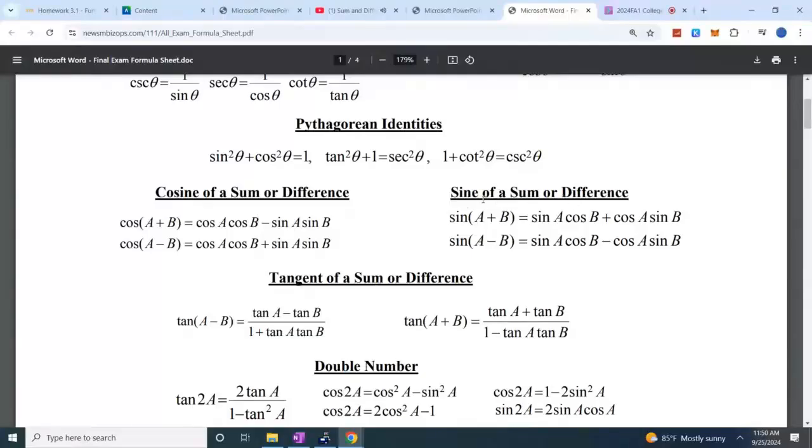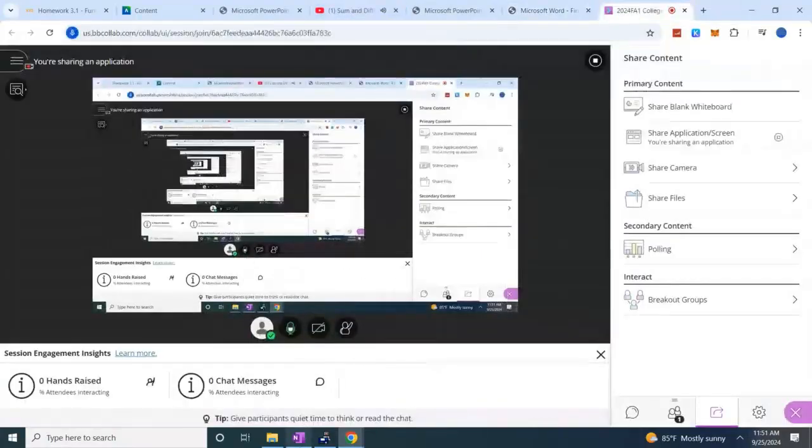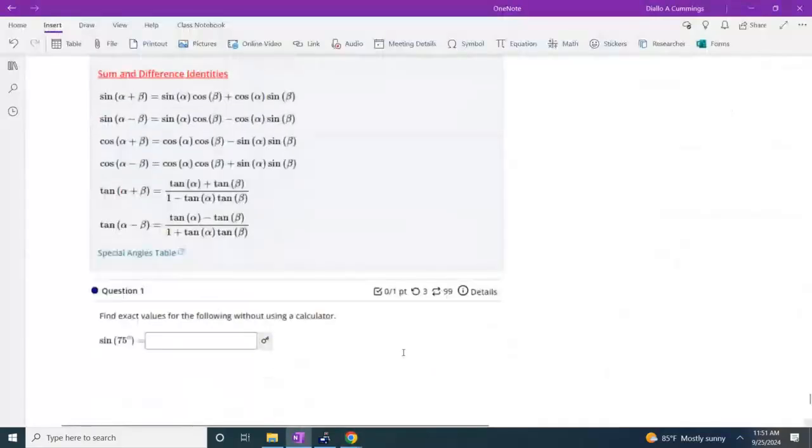The right-hand side, we have the sum and difference of sine. So how and why do you even use these formulas? Well, we use these formulas to find the exact value of an angle that is not in the unit circle.